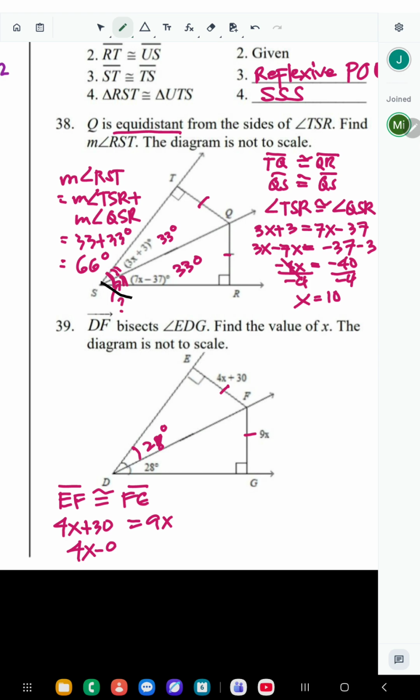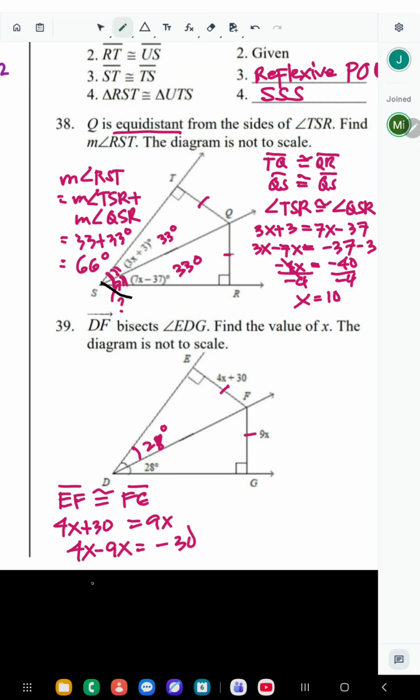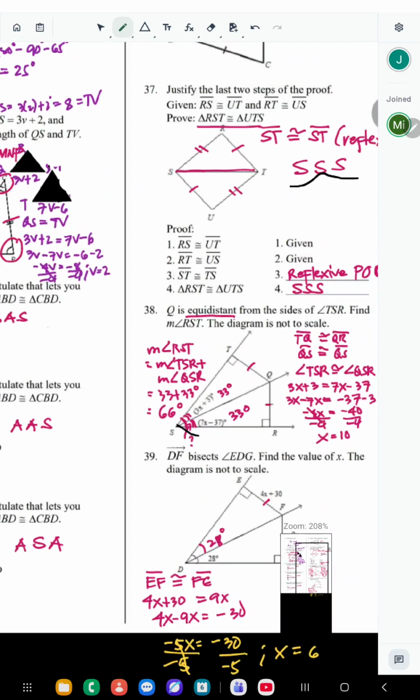So 4X minus 9X equals negative 30. Then negative 5X equals negative 30. Divide by negative 5. So X is equal to 6. So the answer here is 6.